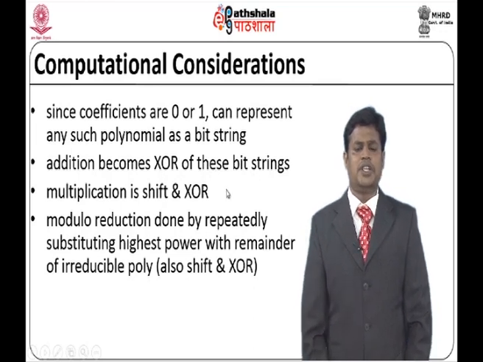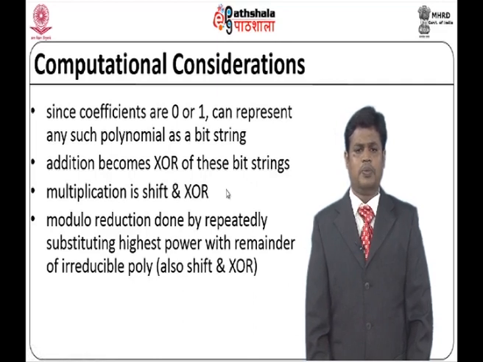What is the XOR operation? When I take two inputs, if both inputs are the same, I get 0 as output. If the inputs are different, for example 0 0, I get 0, 1 1, I get 0, and 1 0 or 0 1, I get 1.